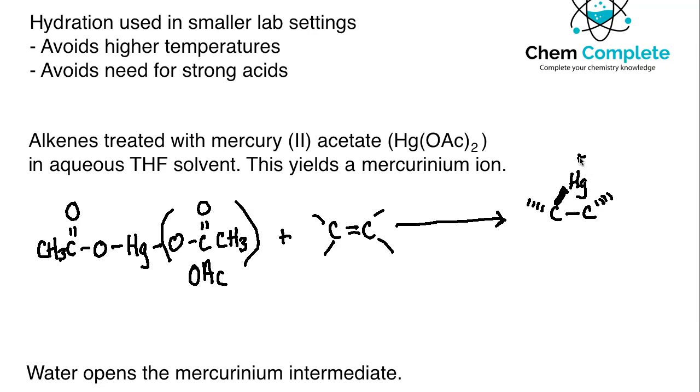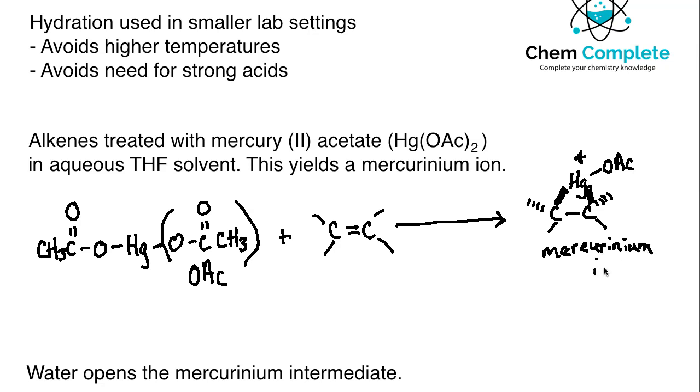It's got a positive charge, and it still has one of the two acetyl groups left there. That would be the first intermediate that we would have. So that mercury is really wedged between the two carbons, making a three-membered ring right there. We know that this is our alkene here, and then this is the intermediate that was mentioned above. This is going to be the mercurinium ion.